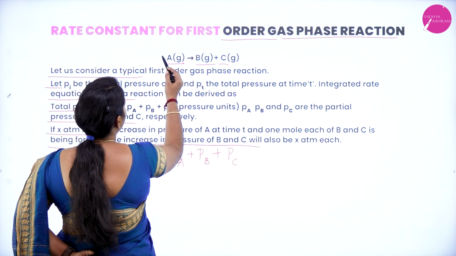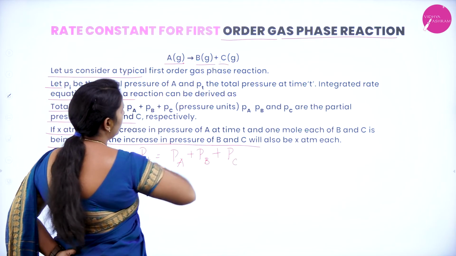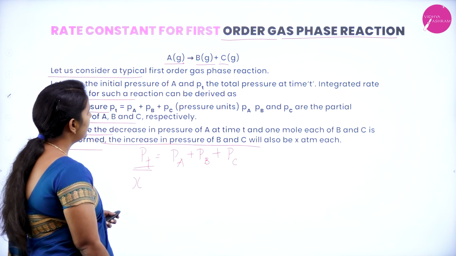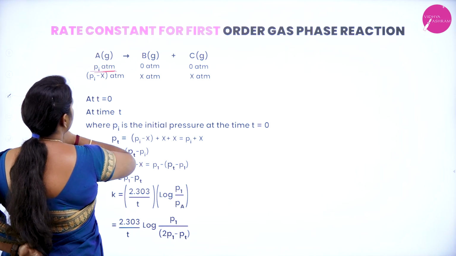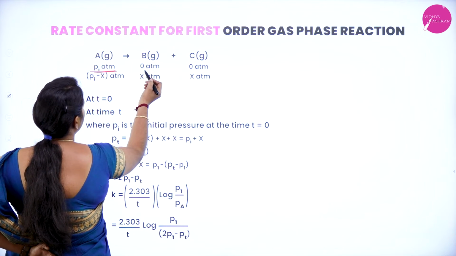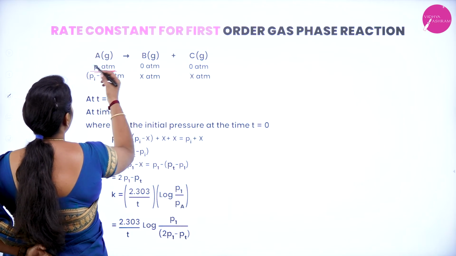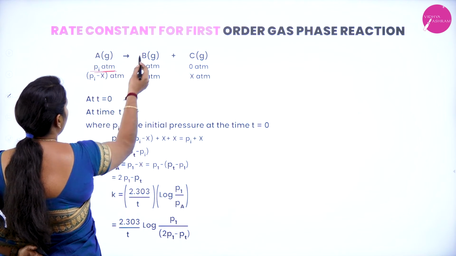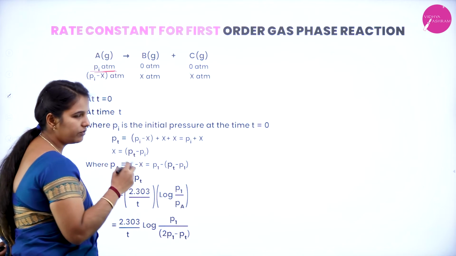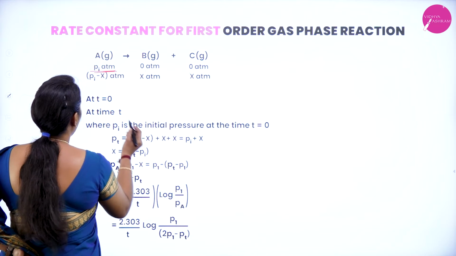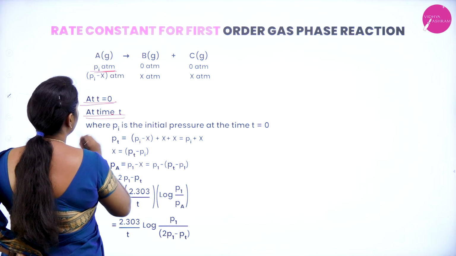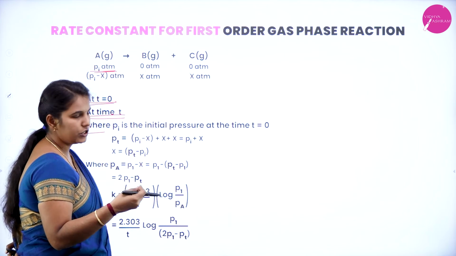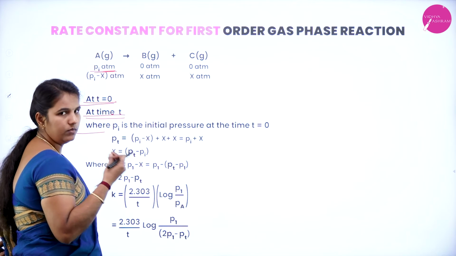Here we know that 1 mole of A gives rise to 1 mole of B and 1 mole of C. The decrease in the pressure is X atm, and at time 0 this can be written with Pi as the pressure of A, and 0 and 0 for B and C. At time t, the pressure of A becomes Pi minus X, and it will be X atm each for B and C. Here Pi is the initial pressure of the reactant at time 0.